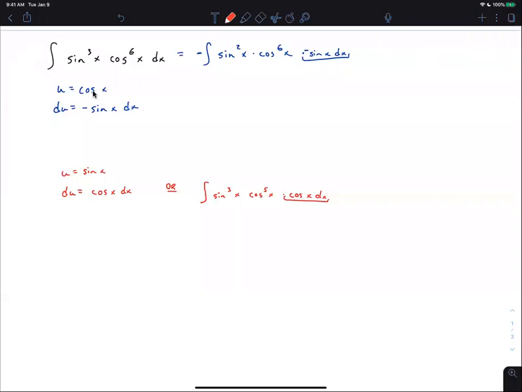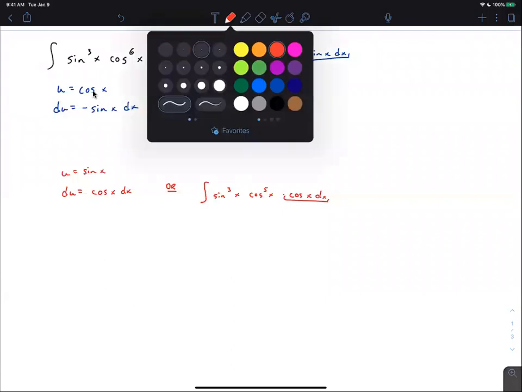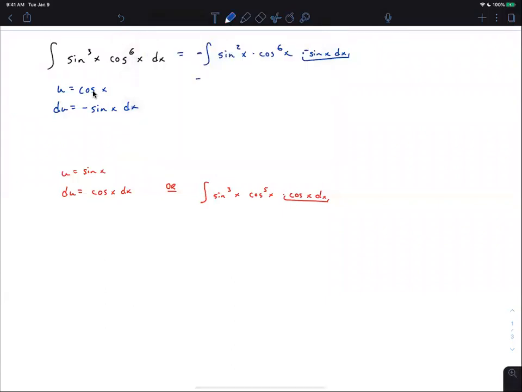So since we're trying to rewrite in terms of cosine, it's easy to rewrite sine here because sine has an even power. We can rewrite sine squared as 1 minus cosine squared. And then we get that times cosine to the sixth. And then we still have negative sine x dx at the end.